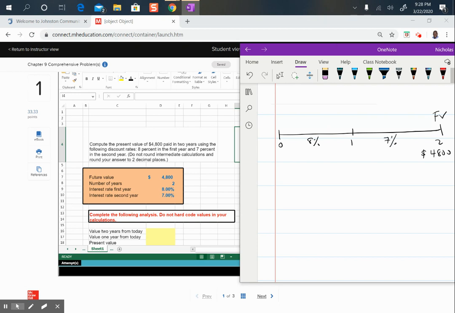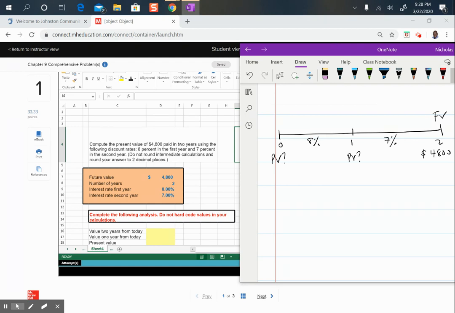What this question is asking us to find, of course, is the present value, which is at time 0. But we are also being asked to determine the value of the $4,800 a year from today. In other words, you're looking at a present value a year from today.